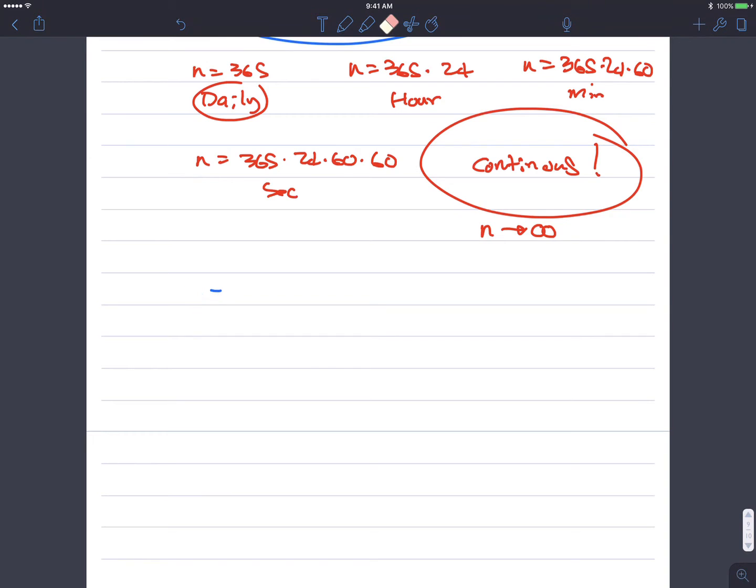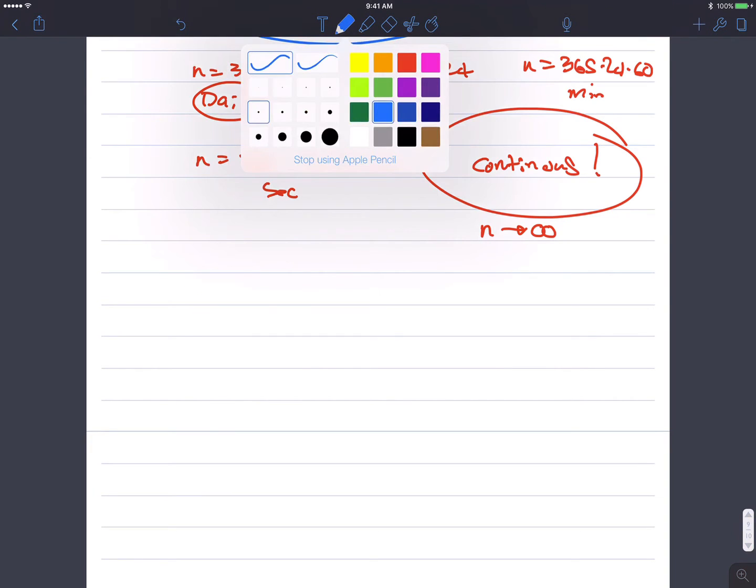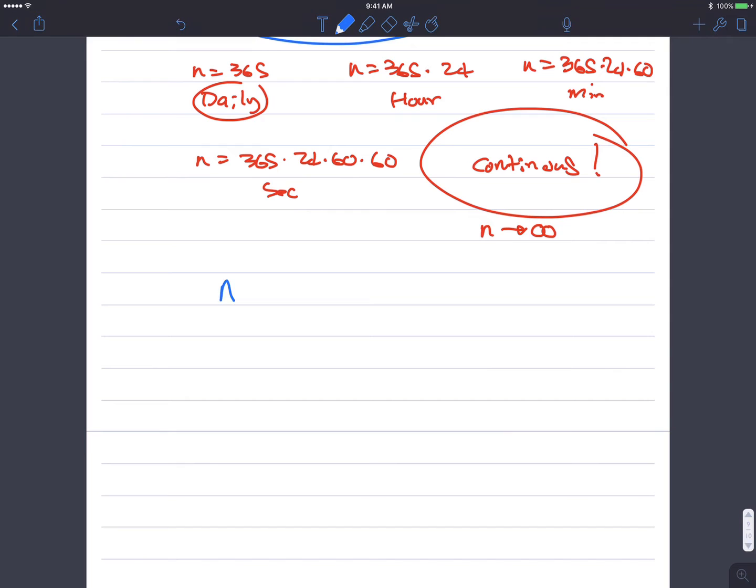Remember I said to you, let's see what this means. A is A naught (1 plus R over N) to the NT power. Isn't that our formula? All right, now let's try this out here.